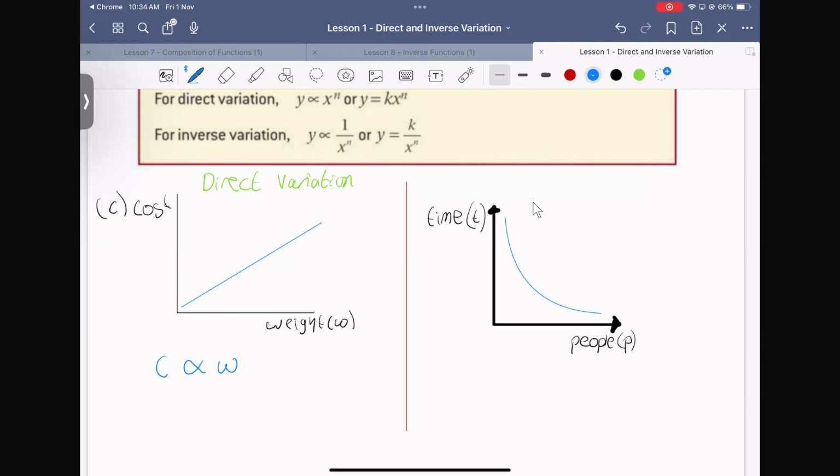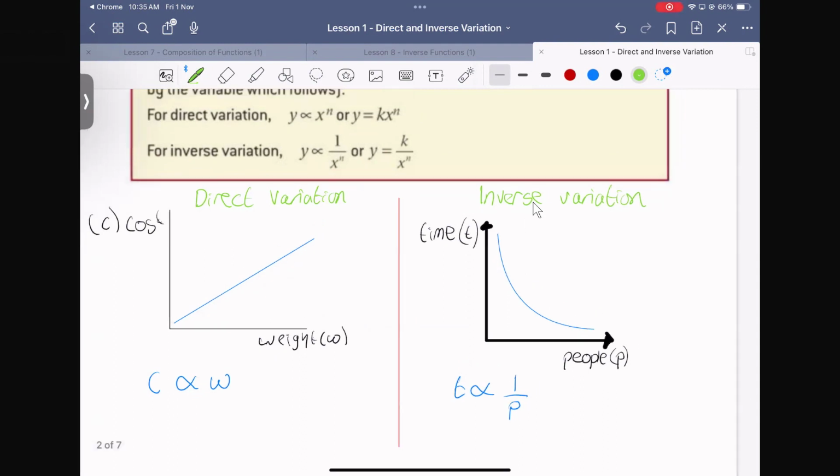In this particular case, we would say that the time taken to complete the task is inversely proportional to the number of people. These are our two systems. We're going to have a go with a couple of examples of these.